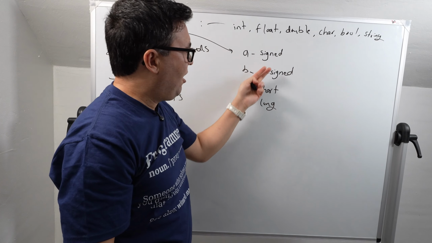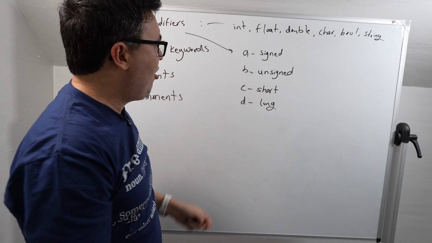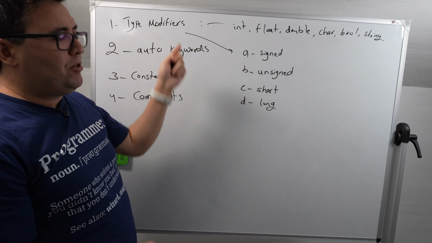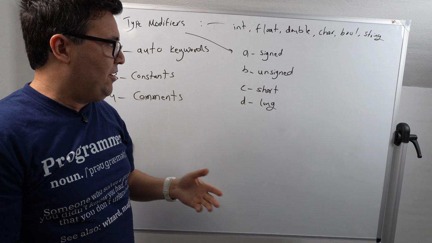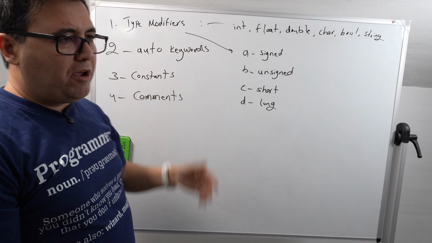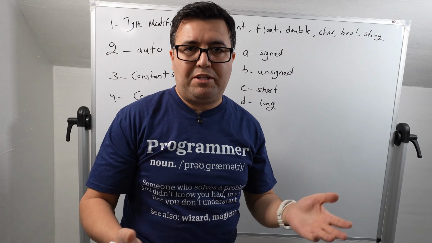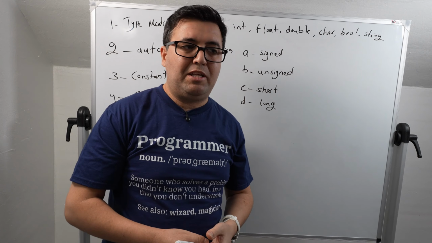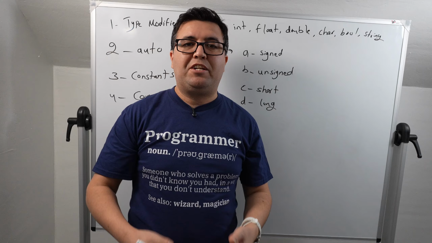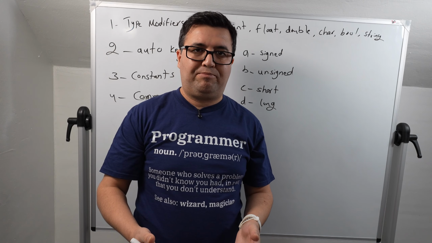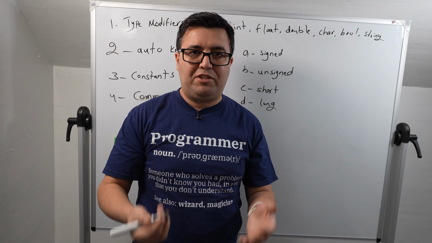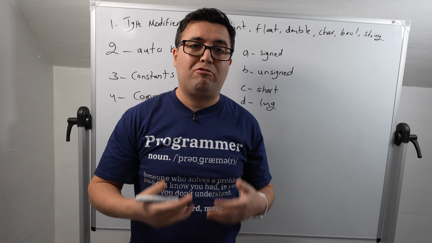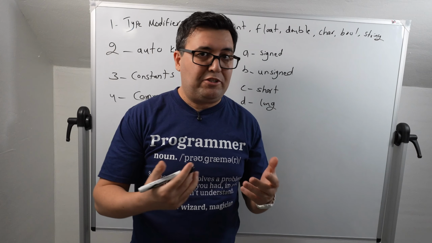So signed, unsigned, short, and long are called type modifiers in C++. As you can see, the name says modifiers. So what are type modifiers? Their objective is to bring changes to the size of a data type, or the range of values a data type can store.